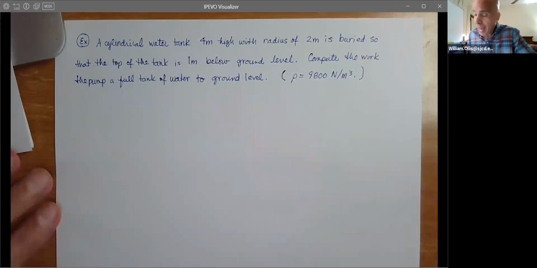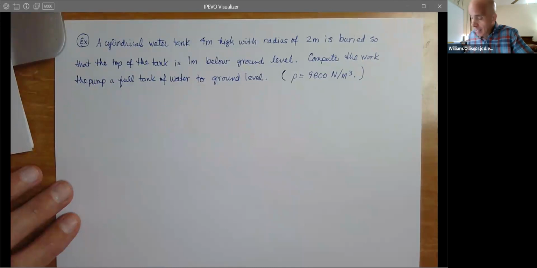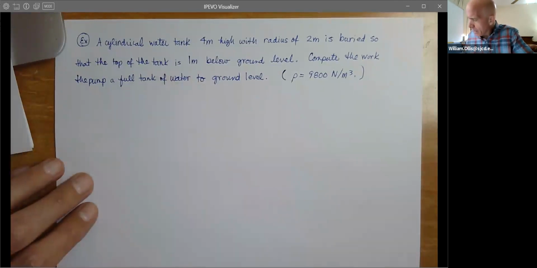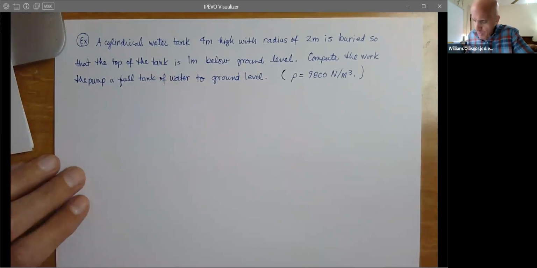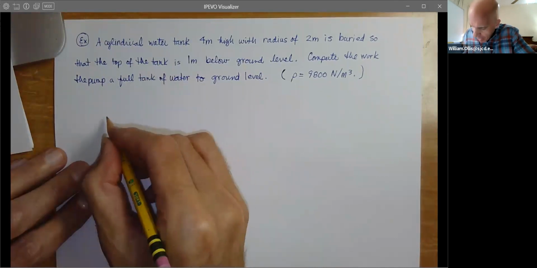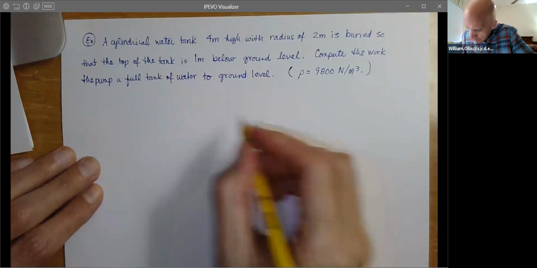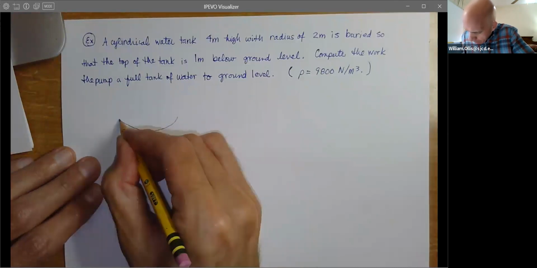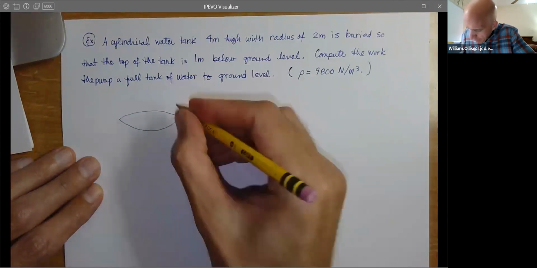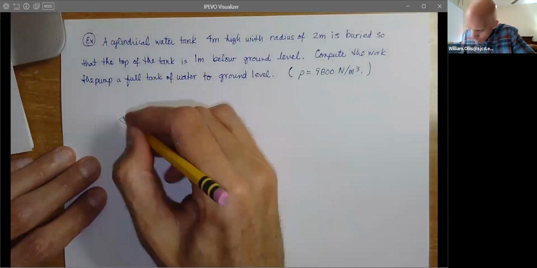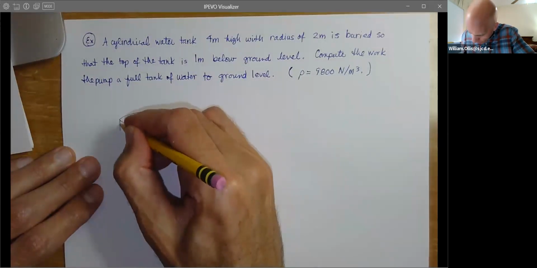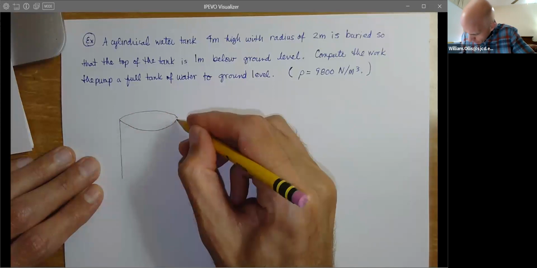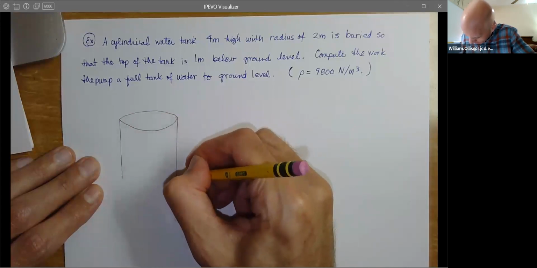So what we have here is, let's go ahead and draw a tank vertically situated, and then we can add an axis. Again, we're not Rembrandt here. We're just doing a math problem. So we can cheat a little on perspective drawing.